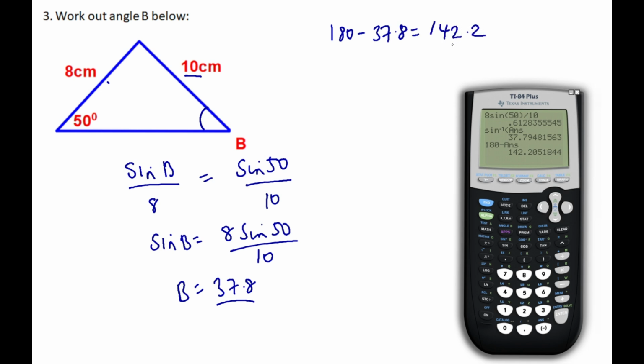But the problem here is if you look at that, if that was one of the angles, can you see that this angle over here is 50? If you add those two together, you've already got more than 180 degrees. So it definitely wouldn't work. So if you're not sure and you actually work out the other angle, just check that it's possible for the angles to add up to 180. If it is, then you'll be fine. But in this case, you can see that the angles will definitely add up to more than 180, so it's never going to work. So there's only one possible answer for B in this question.